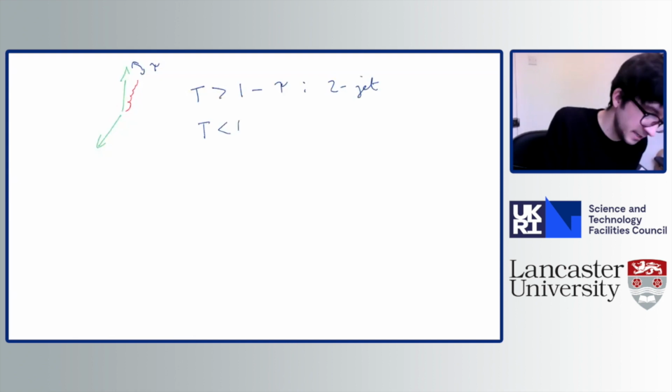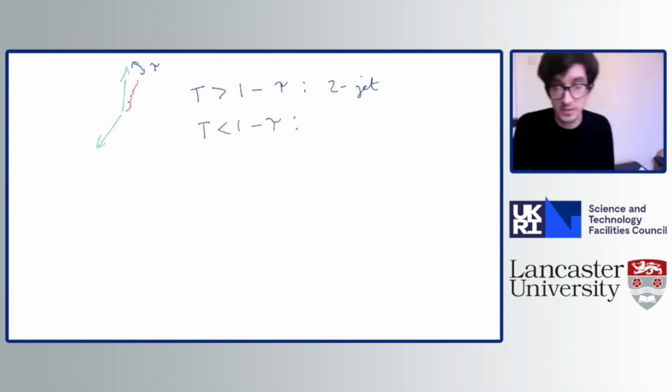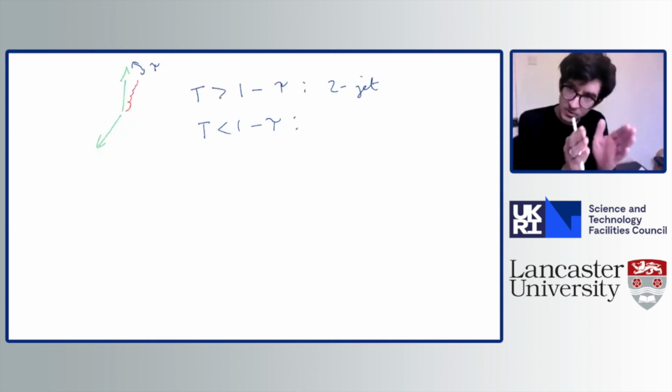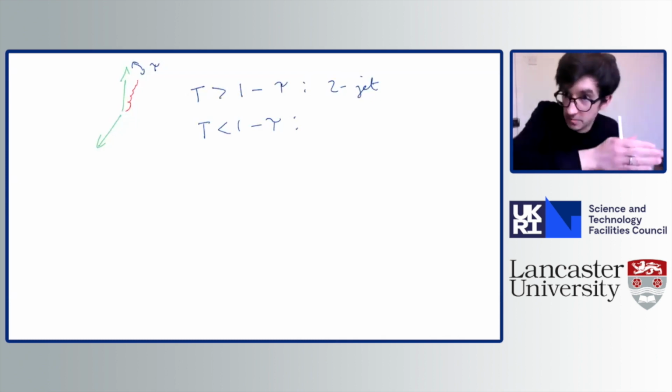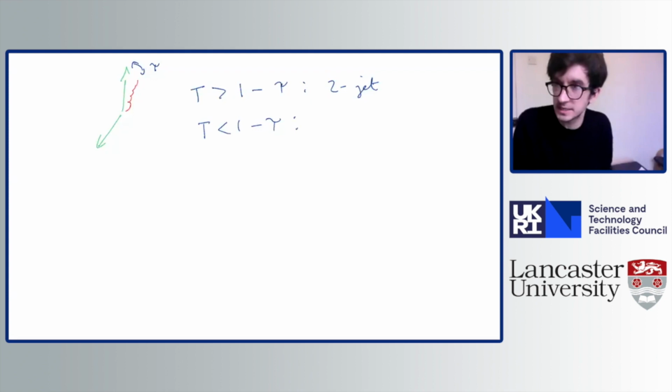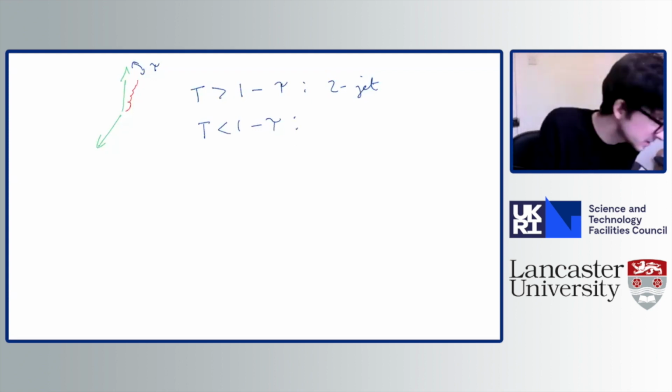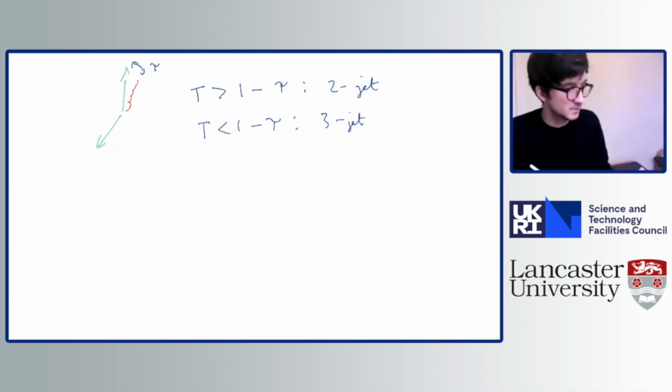And if it's less than it, we call it three-jet. Remember, a thrust of one is purely back-to-back, so that's definitely two-jet. And then you have some allowance, according to how small or large you make tau, for the emission to not be completely collinear, completely soft, but still nonetheless one wants to call that a two-jet event. But if otherwise, we call it a three-jet.